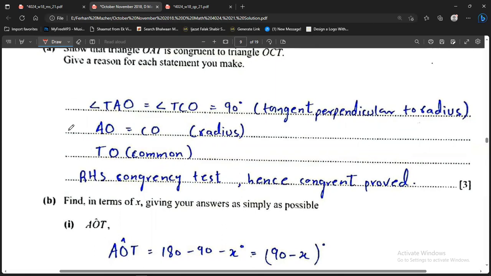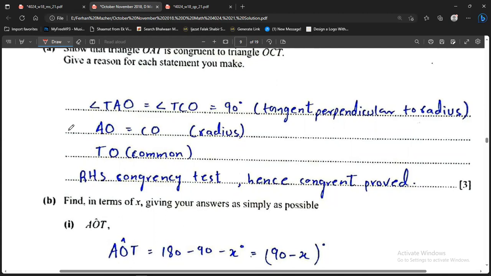So according to the RHS, because both the triangles which you are comparing, they are right angle triangles, the hypotenuse is same and the other side is same. So according to the RHS property, they both are congruent to each other.